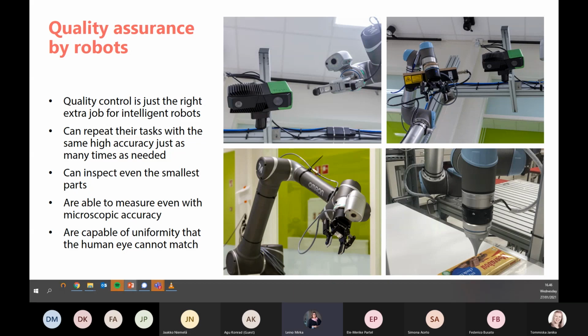Not only can they repeat their job as many times as needed without even a minor deviation, but they can also inspect the smallest parts and pieces, perform microscopic measurements, and ensure uniformity on a level that the human eye cannot match.